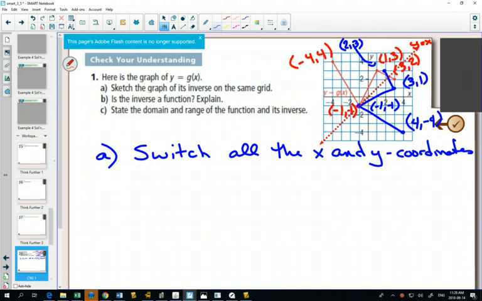Does it look like the red graph has been flipped over that line to become the blue graph? Mentally, it's harder to reflect over a diagonal line than it is a horizontal or a vertical line. Your brain finds that harder than a straight line up and down.